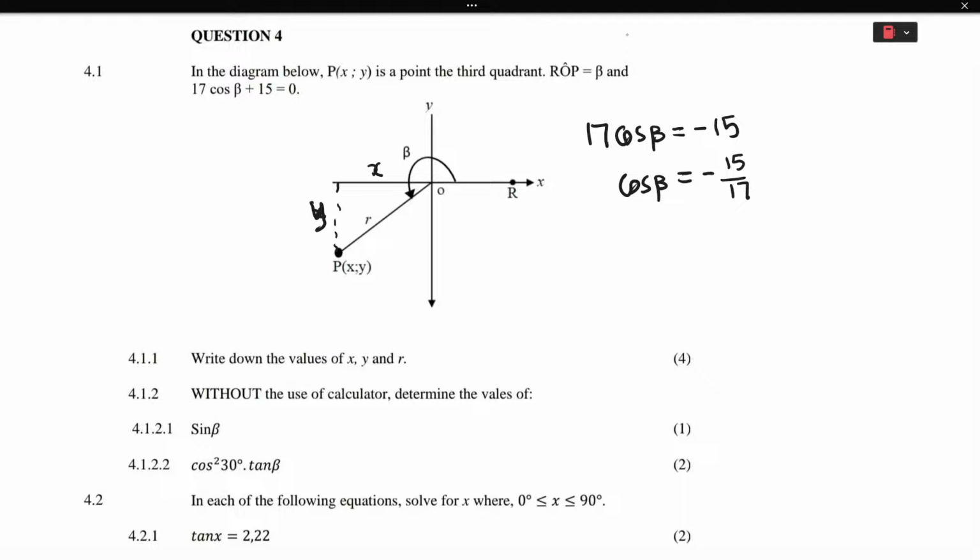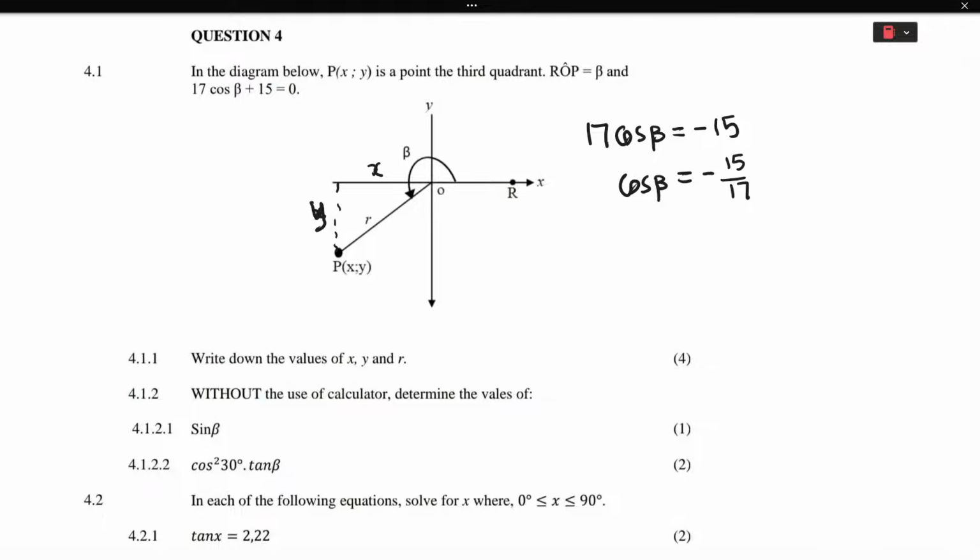I hope we are clear on that one. After you make cos the subject of the formula, it becomes easy for you to know that x should be negative.